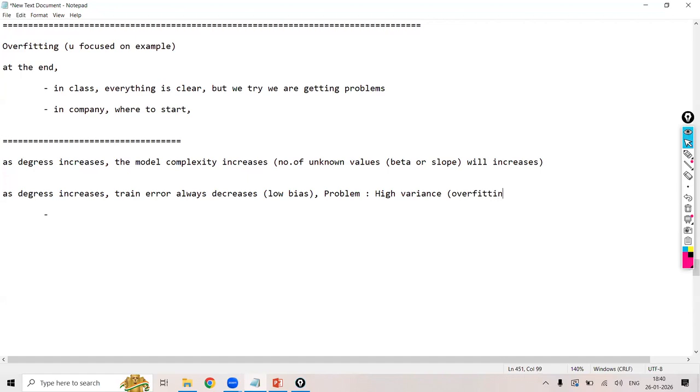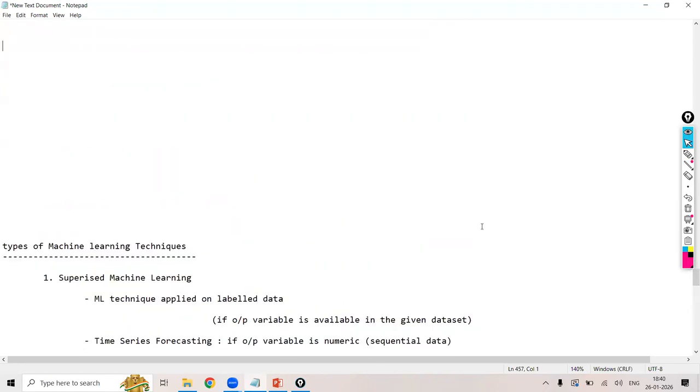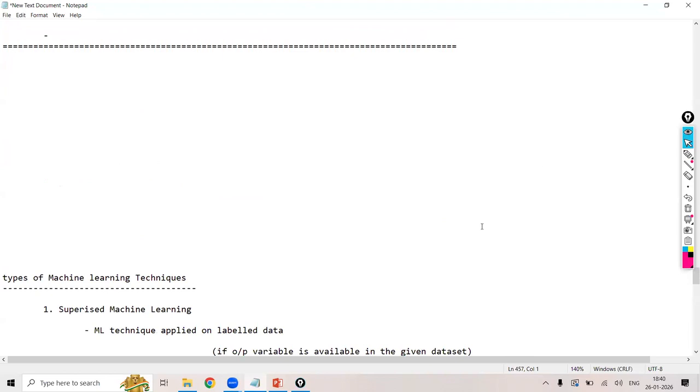Now the next concept we are going to discuss is how to reduce this overfitting. To reduce the overfitting problem, they came with a solution, which we call regularization.